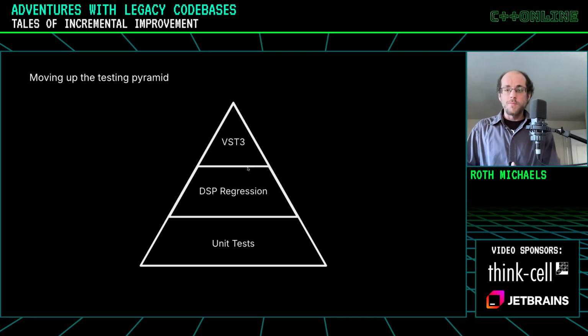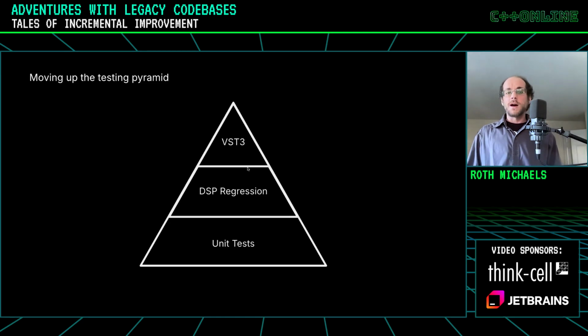So for us, making audio software and plugins, what this means for our testing pyramid is we have unit tests, which are what you'd expect. We're using Google Test mostly, and unit tests are pretty straightforward. Then for the integration test level, we have a number of digital signal processing regression tests that we run, basically to make sure that anytime we're making changes, the actual audio output isn't something that humans will perceive as being different from before the change.